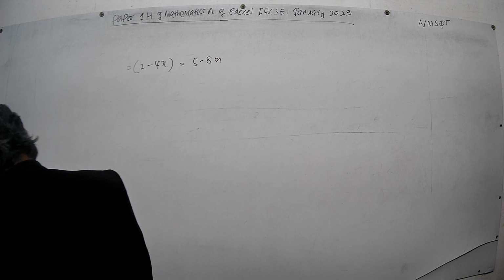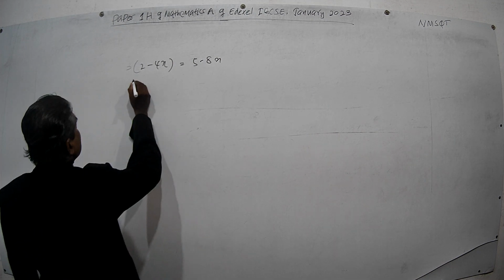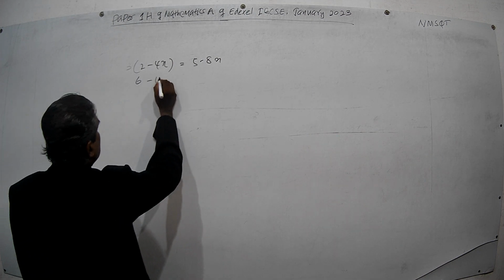Right. First of all, remove brackets. 3 times 2, 6. 3 times 4, 12x. Right.